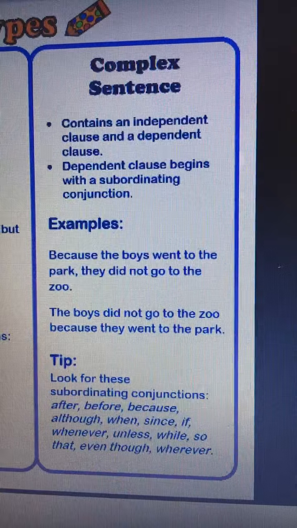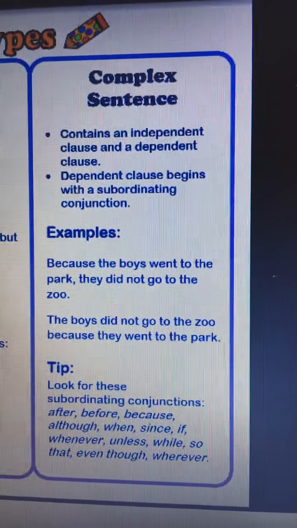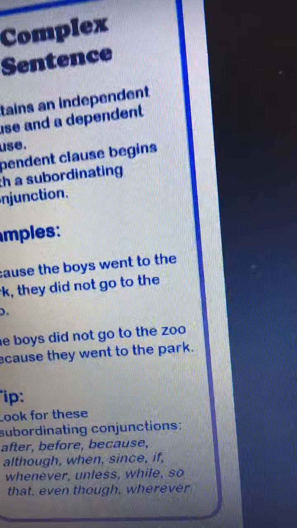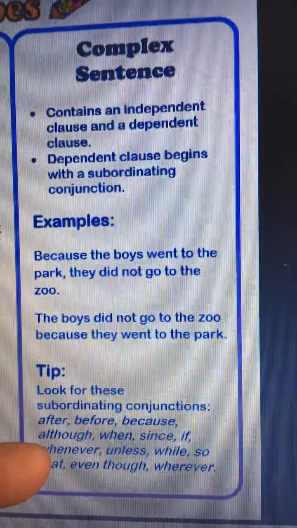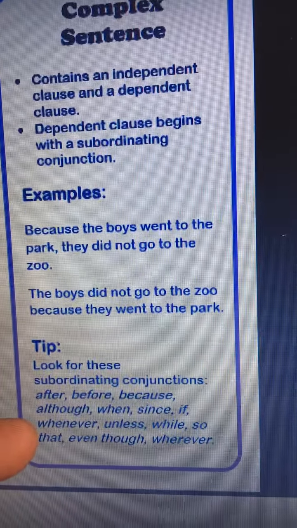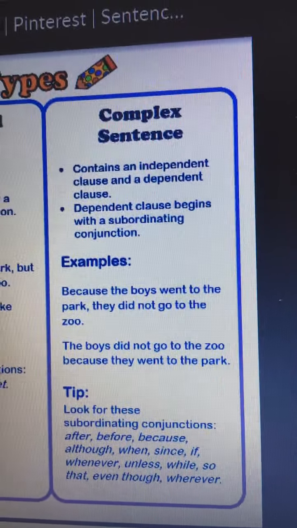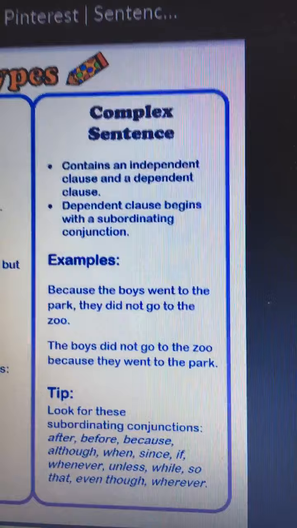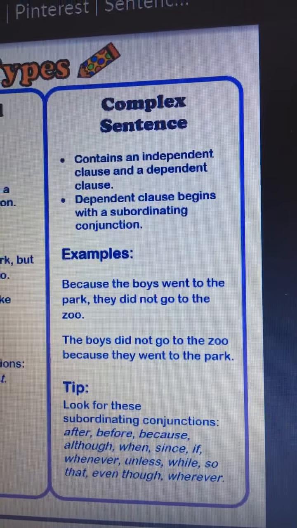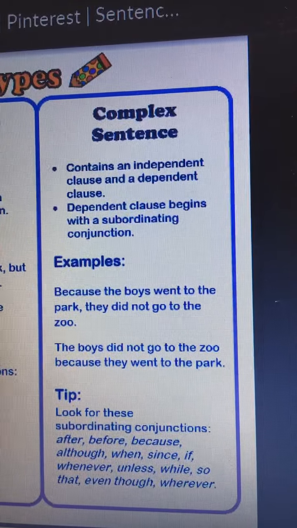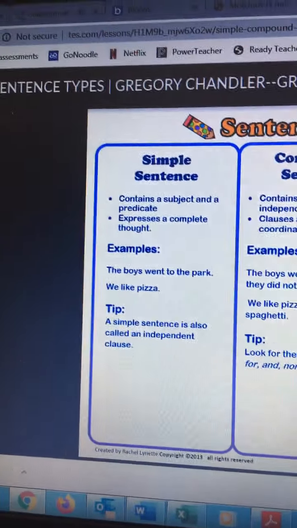Okay, it has to be connected, and that's what makes it a complex sentence. Really, really look for these words, things like after, before, because, although, when. Those are our connecting words, conjunctions, and lots of the time you see them at the beginning of a complex sentence.